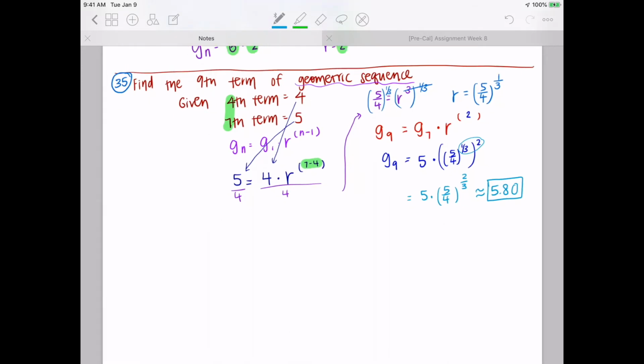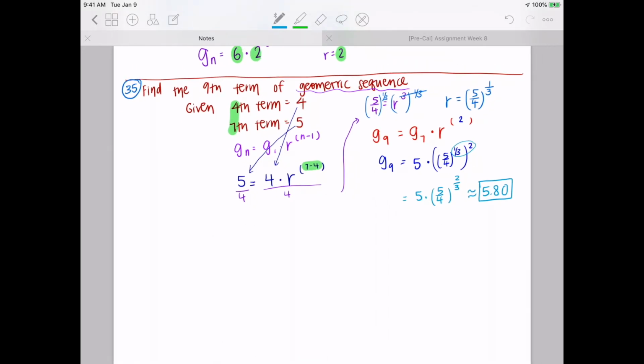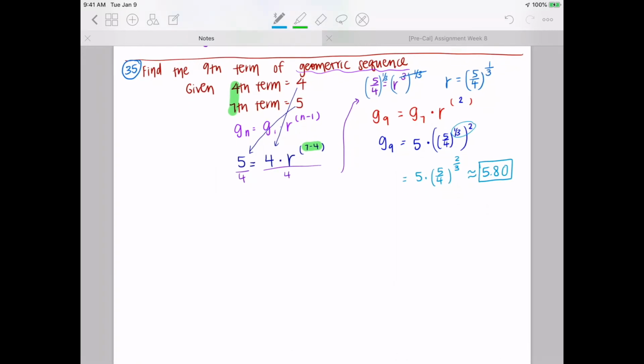This is definitely the hardest one out of all of them. I will do number 36 for you, so just hang on, and let me just do number 37 as well. So you can see how to do number 38.